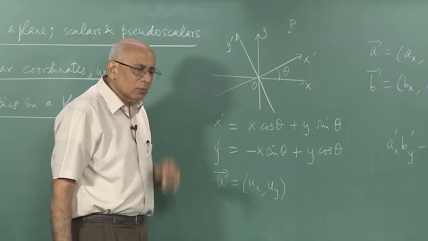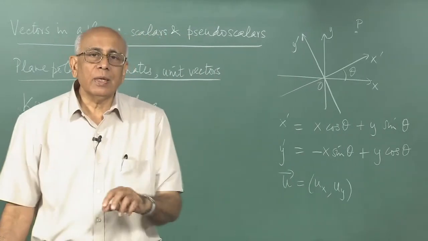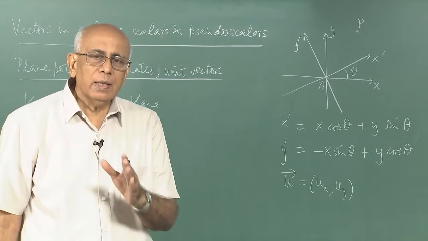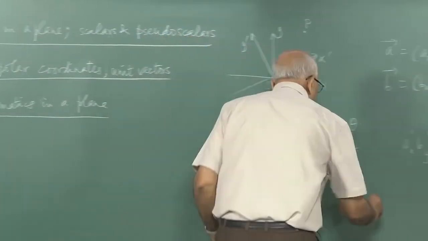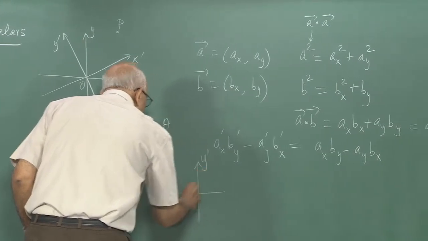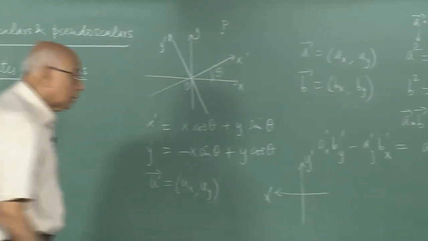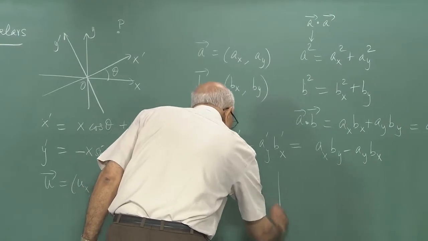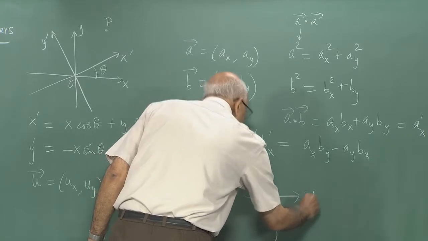But you can also ask what happens if, for instance, I go from a right-handed coordinate system to a left-handed coordinate system. For instance, suppose I reflected about the y-axis and the new coordinates were in the following fashion, will look like this. You had y prime and x prime here in this direction, or for that matter, you reflected about the x-axis and you had y prime and x prime over here.